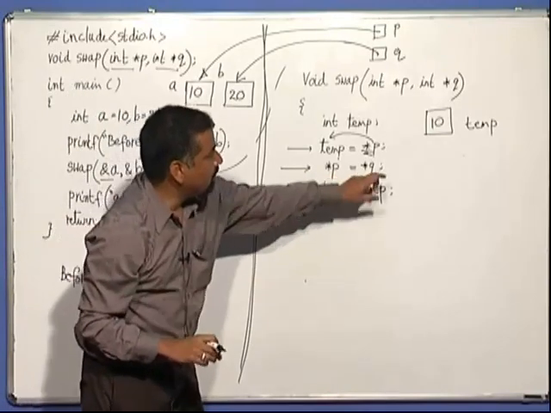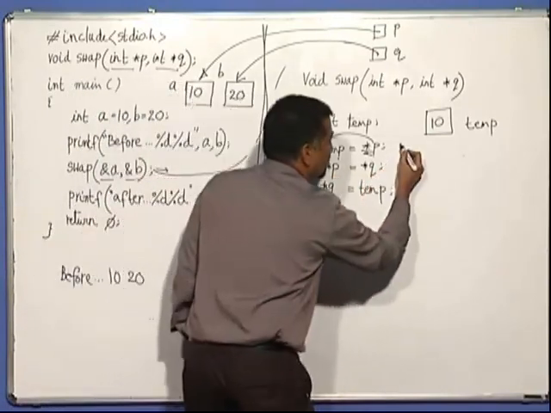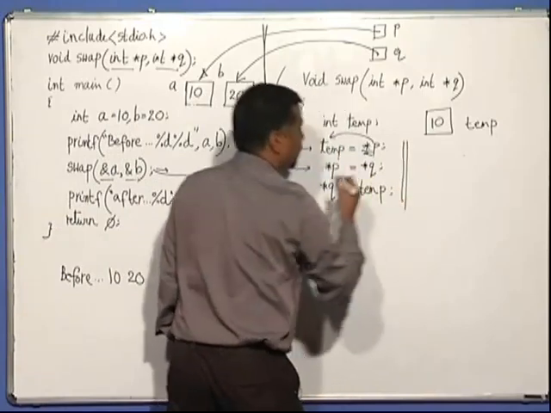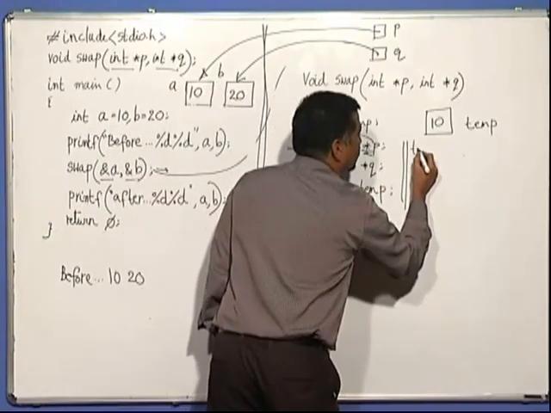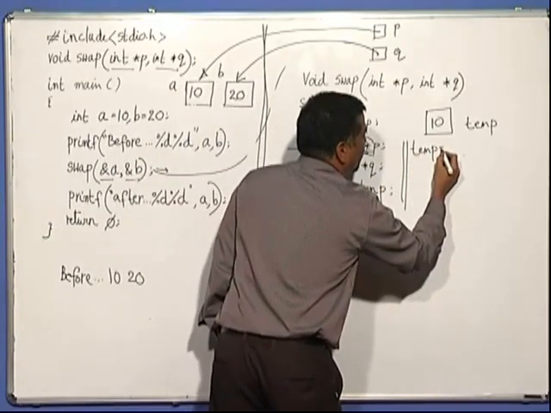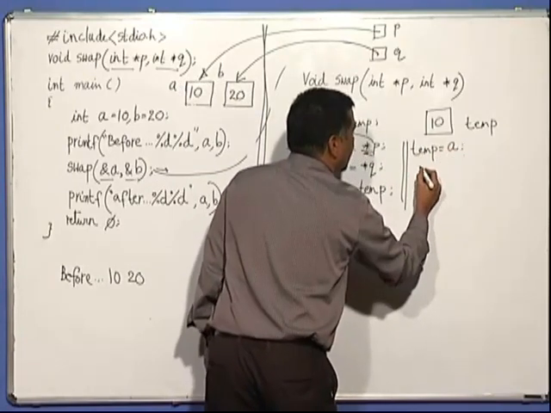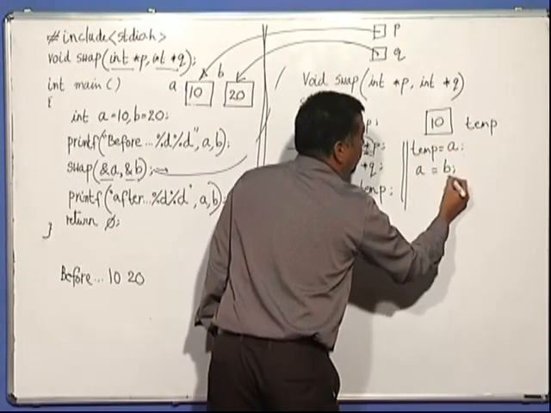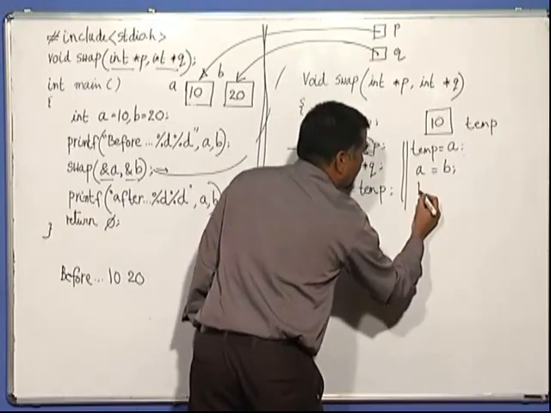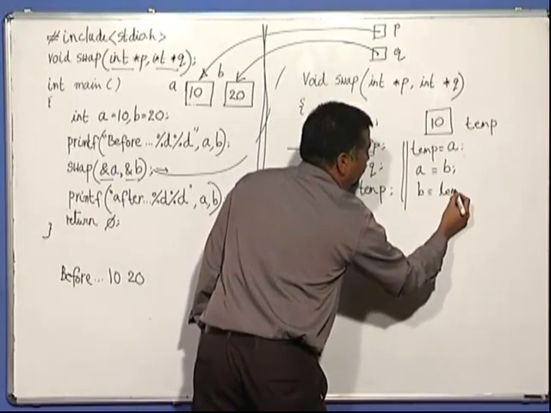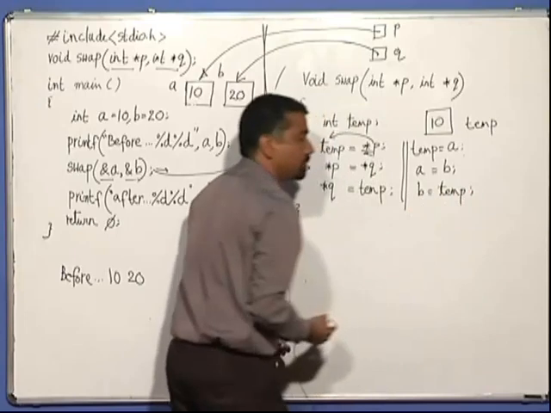star P is equal to star Q. So, this can be simply thought of, I will just draw one more line here. They are equivalent to saying temp is equal to A, A is equal to B, B is equal to temp. Think about it.